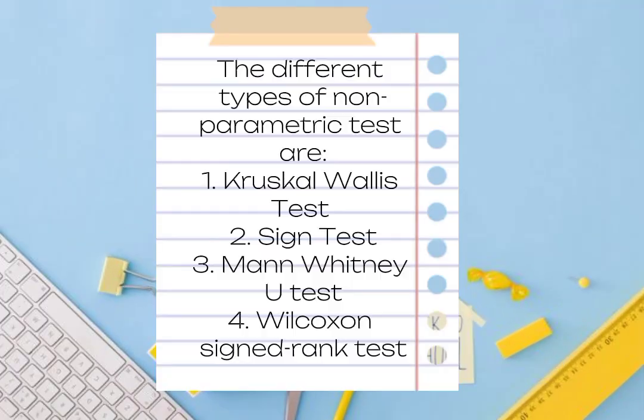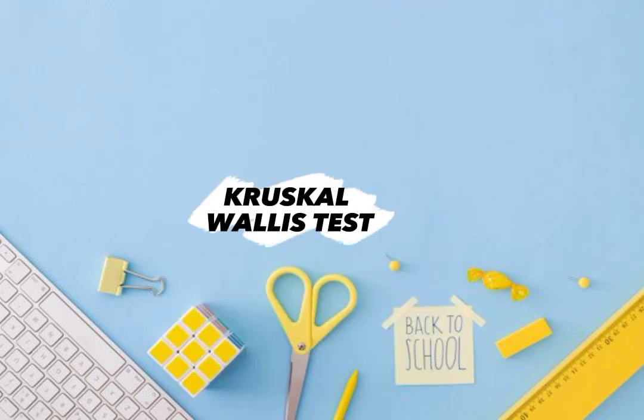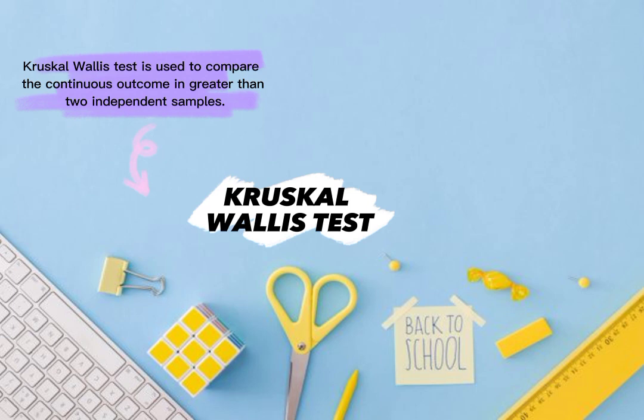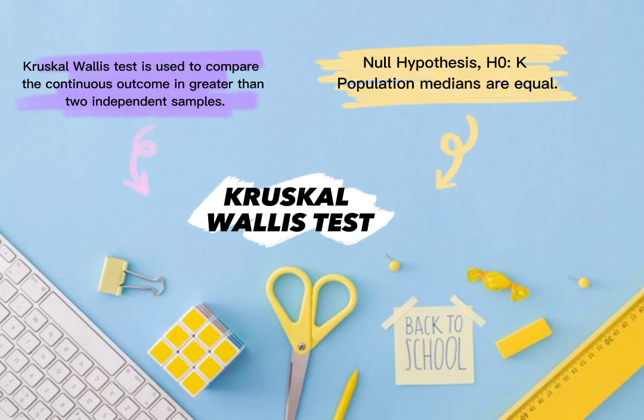Lastly, let's compare and contrast the different types of non-parametric test. First, Kruskal-Wallis test. Kruskal-Wallis test is used to compare the continuous outcome in greater than two independent samples. Null hypothesis: K population medians are equal.